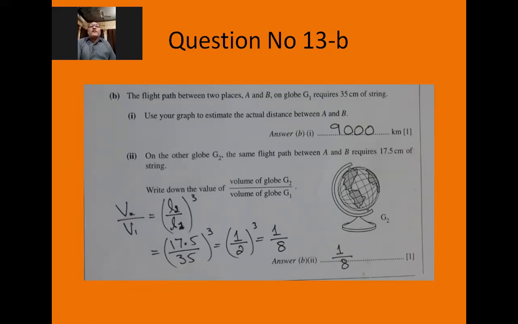So V2 divided by V1 will be equal to L2 divided by L1 whole cube. L2 is 17.5 and L1 is 35. 17.5 multiplied by 2 is 35, so when they are cancelled, you have 1 by 2 whole cube. 1 cubed is 1 and 2 cubed is 8. So the ratio of their volumes will be 1 by 8.